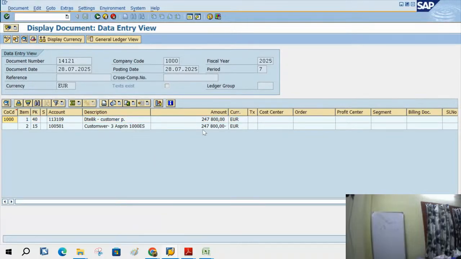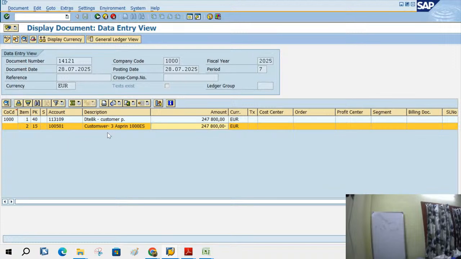Now here, this is the total amount. Yes or no? 2,47,800 euros has to go to this customer account. This is the customer.